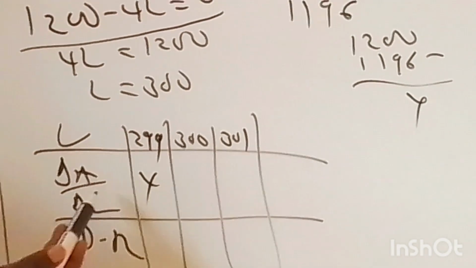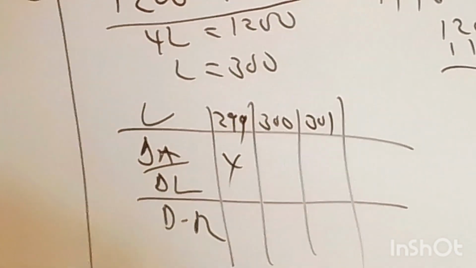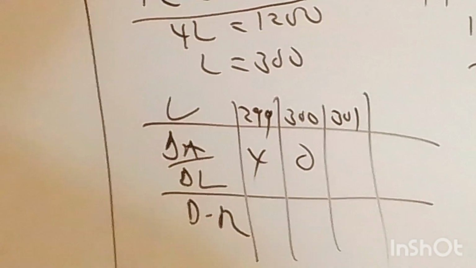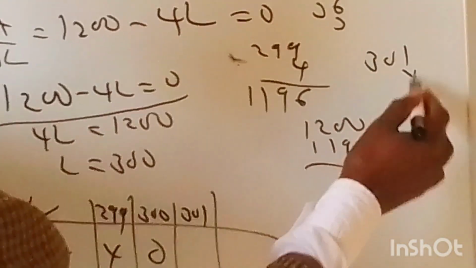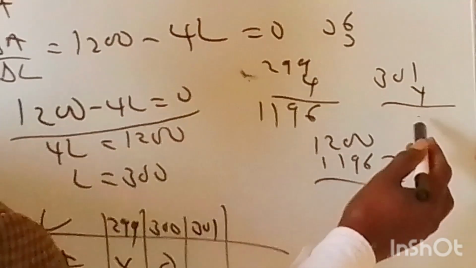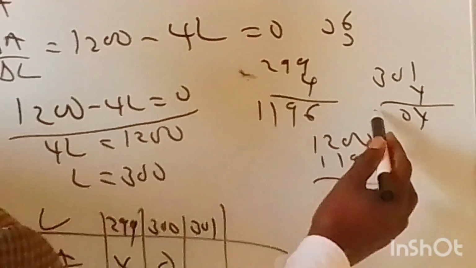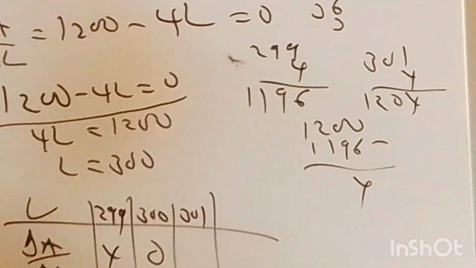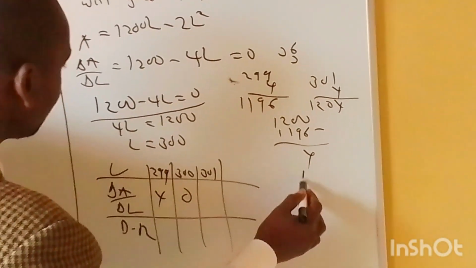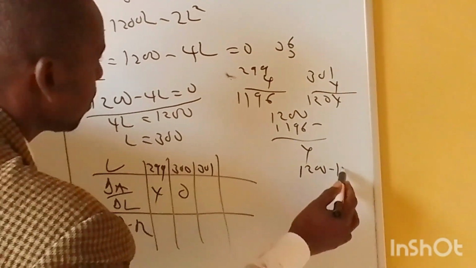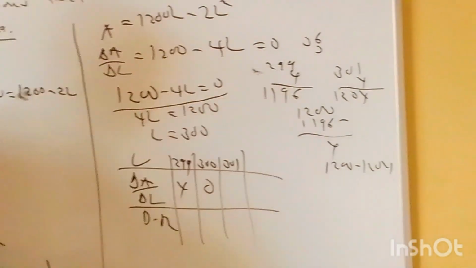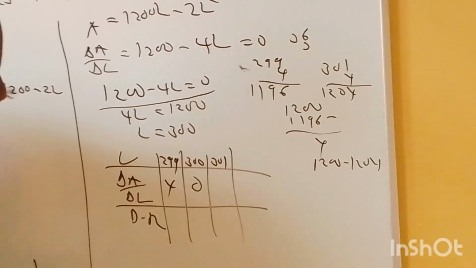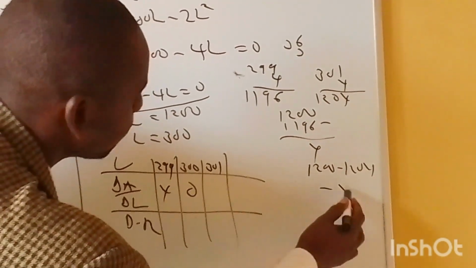If L is equal to 300, then dA over dL is 0. That is obvious. When it is 301, let's take 301 multiplied by 4 here, then we get 1,204. Then you take 1,200 minus 1,204, and you get negative 4.